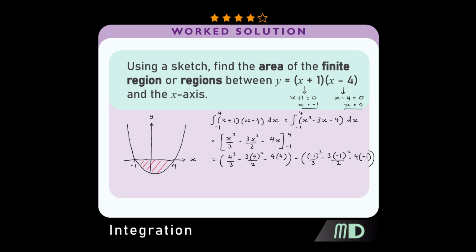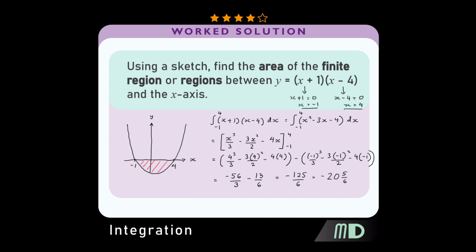Simplifying both brackets, we get minus 56 thirds minus 13 sixths, which gives us the answer minus 125 sixths, or minus 20 and 5 sixths.